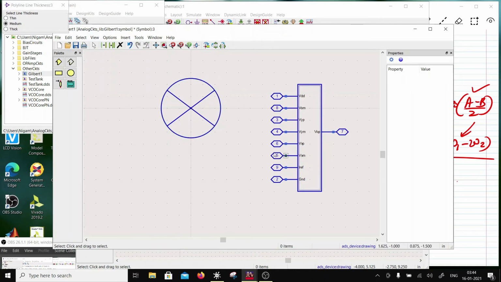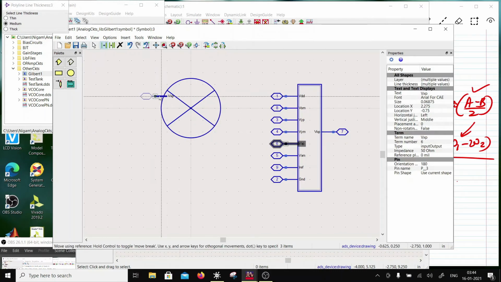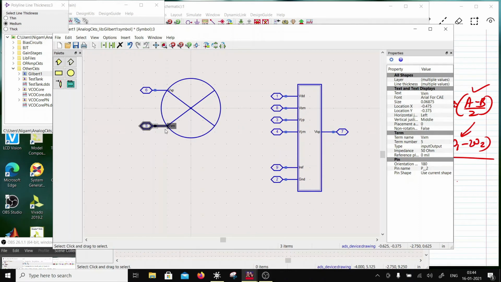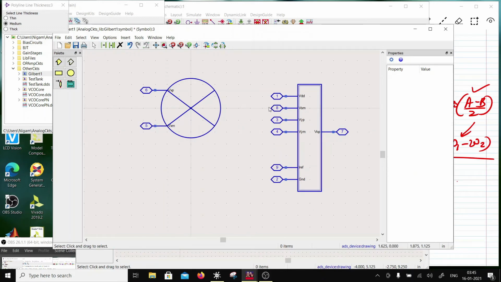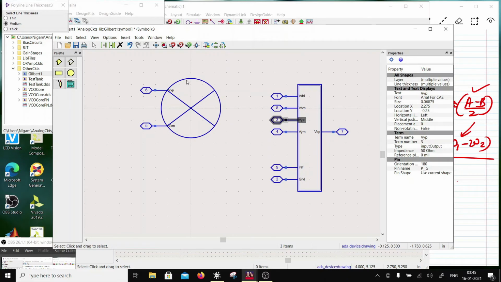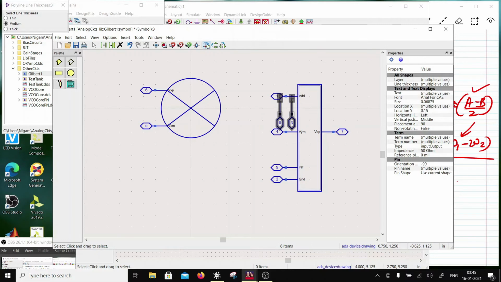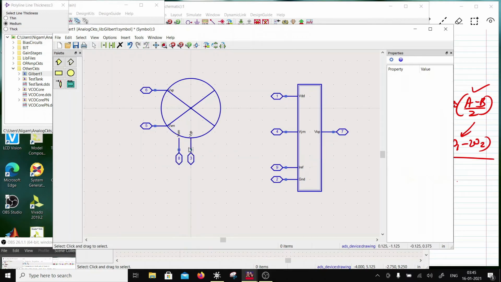Okay, let's say this is my mixer. Fine. So I have to put in VXP and VXM as the input. Right, and then VYP and VYM as the LO. So I'll just rotate these two. Correct. I'm going to put them here. Okay, later I'll adjust it, don't worry.